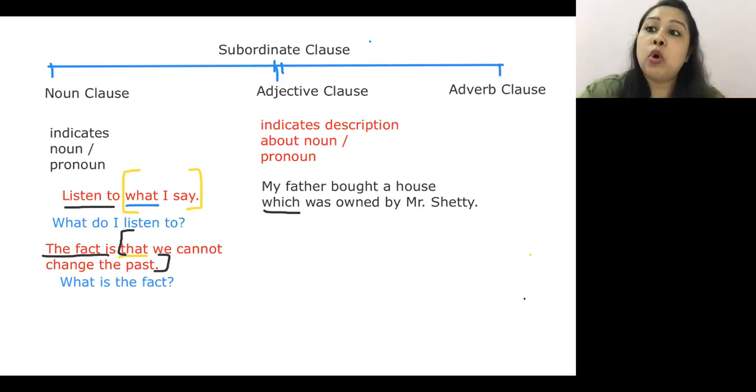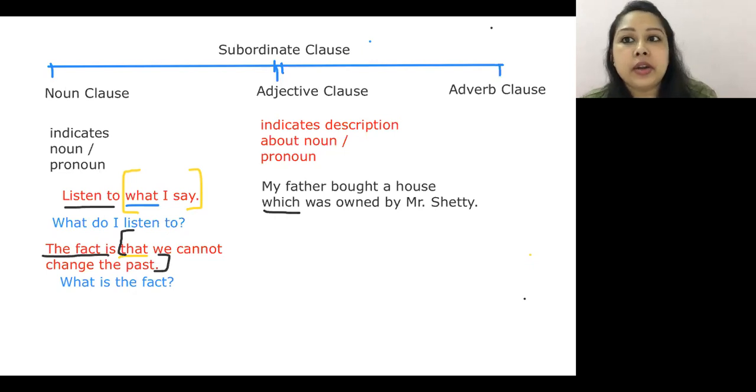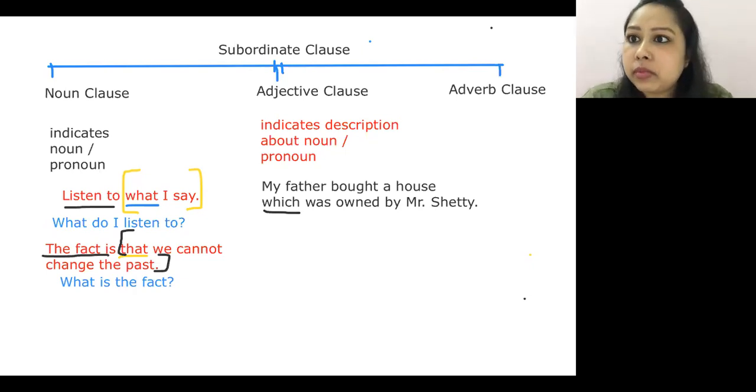I have two more nouns now. The very first noun that I have is my father, and the second noun that I have is a house. What am I qualifying here? With respect to which noun do I have some information? Very good, I have information with regards to the house. The house my father has bought. Correct? So the house. Yes, perfect.